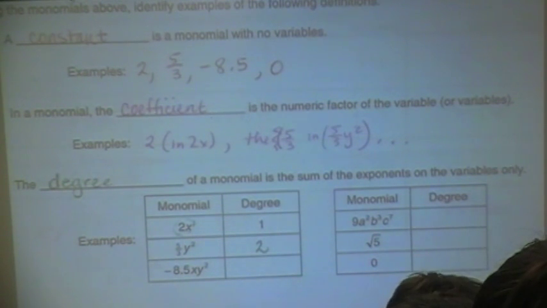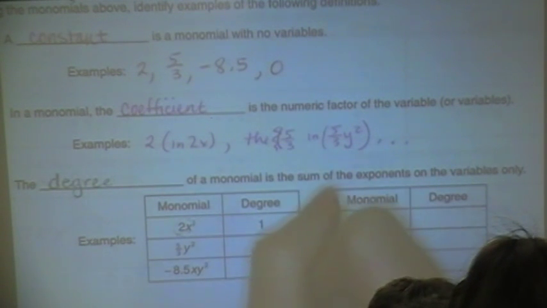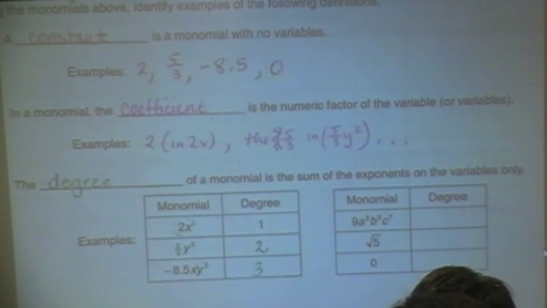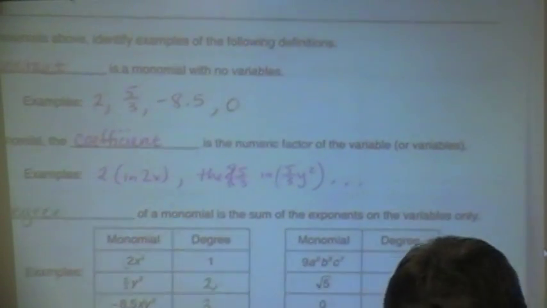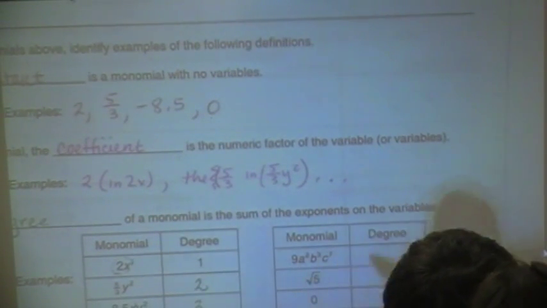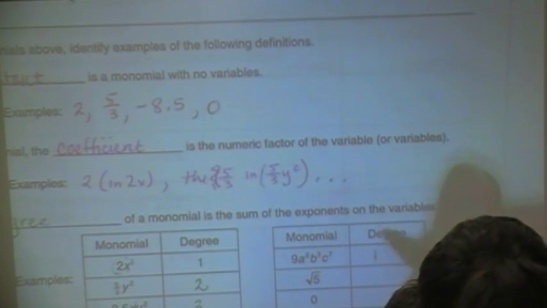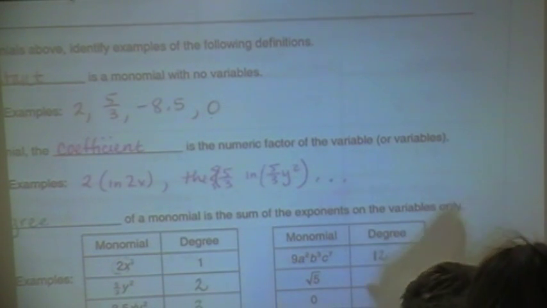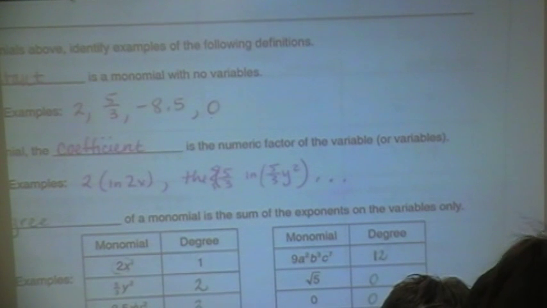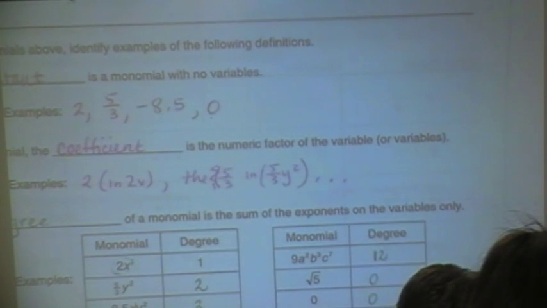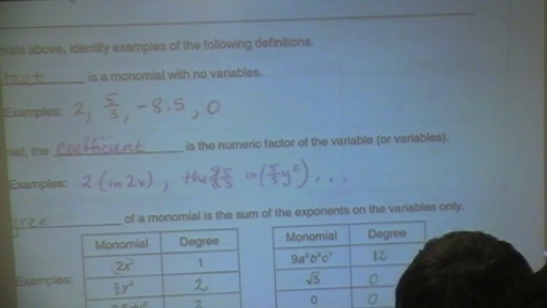So my degree is not 2, but it's 3, because there's a one on the x next to y, so that's what it is. So this one would be 12, and 0, and 0. And the main reason for those two things being 0 is because they don't have a variable. And the degree comes from the variable, neither of those have one.